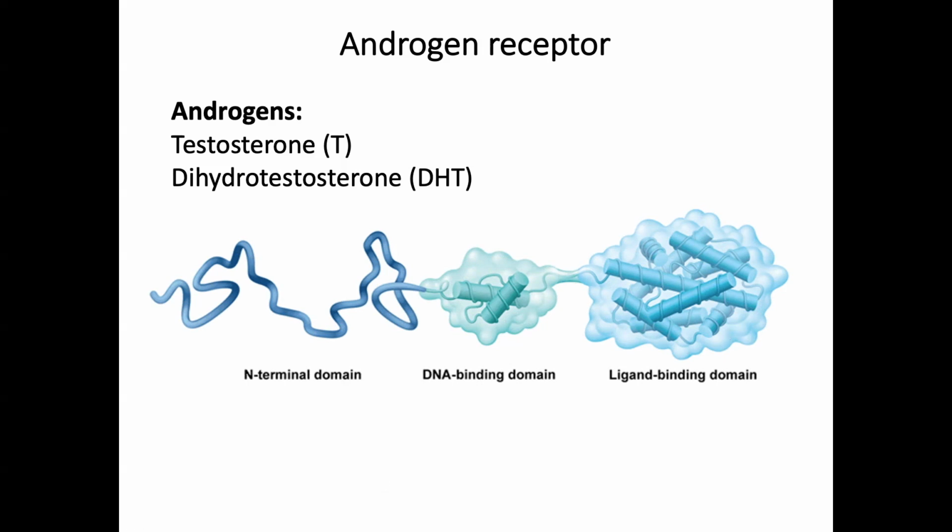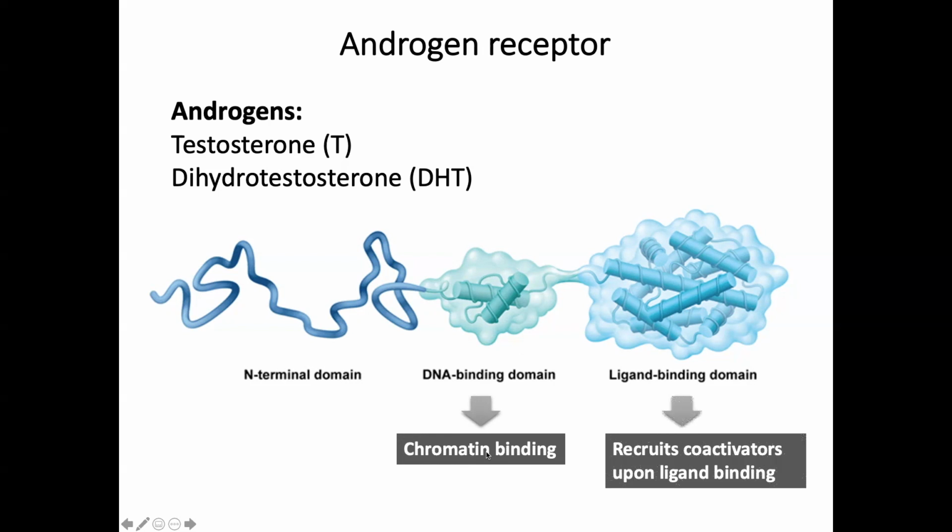The DBD is responsible for AR binding to DNA or chromatin by recognizing its response element. As its name suggests, the ligand binding domain is where the ligand binds. So T and DHT bind somewhere in this domain.